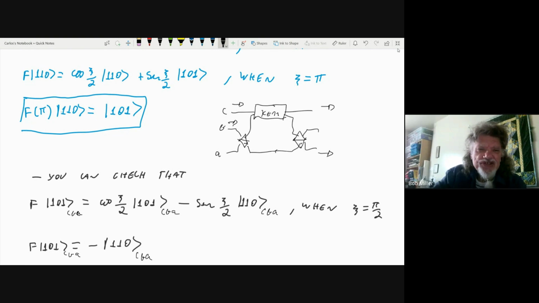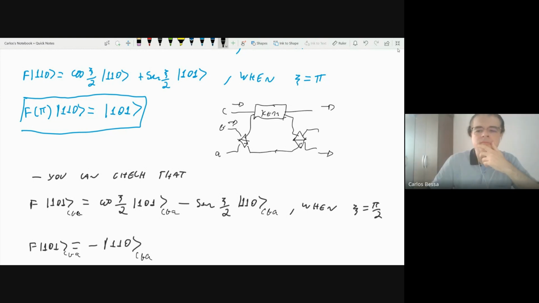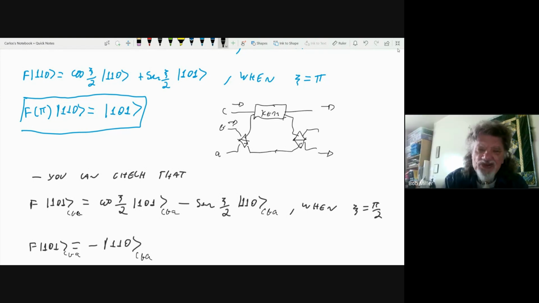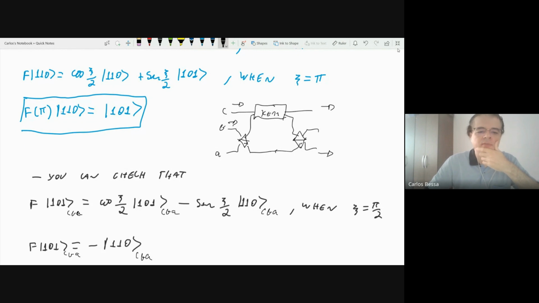I have a second question, Carlos. Now, you did this for when the angle is pi. If the angle is not pi, is what you're getting back a superposition? Yeah, superposition. So this will have some probability to find the photon here, and some other probability to find the photon up here.